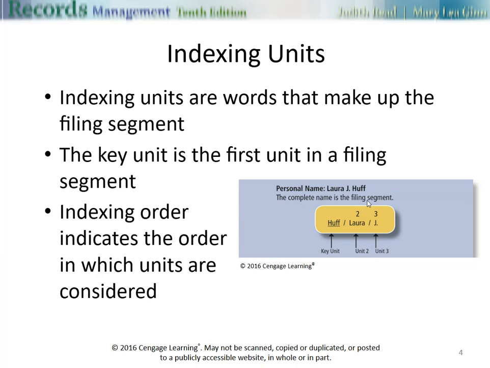The key unit is the first one we look at. And in this case, as we'll learn, if we have a personal name, the last name is always filed first. So that means in the name Laura J. Huff, Huff is our key unit. It's the name that we're filing this under. This tells me that I would file this in my H folder.